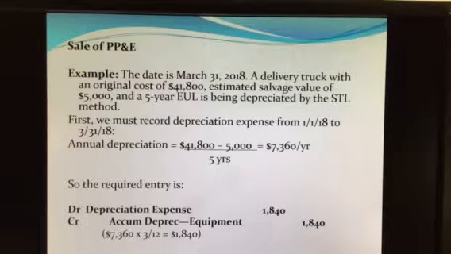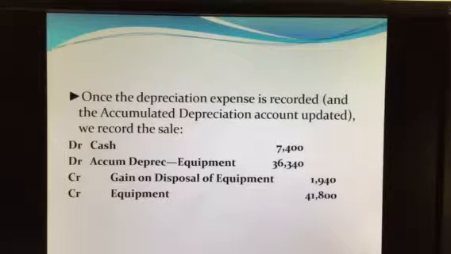The period from January 1st of 2018 to March 31st of 2018 represents 3/12 of a year, or 1/4 of a year, and therefore we update that depreciation in that way. Okay, well now, having updated the accumulated depreciation balance, we can now record the sale of that equipment.